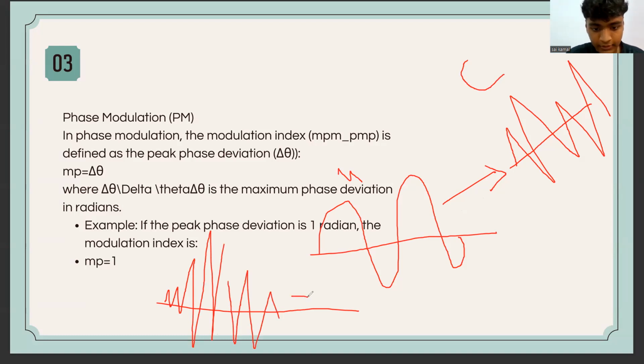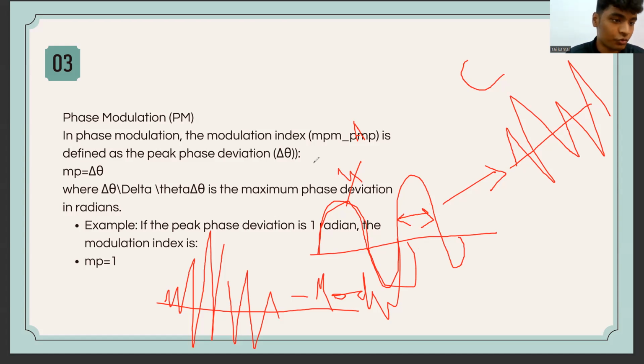This is known as the modulated waveform. This is the amplitude, this one cycle is the frequency, and this is the phase. So this is the basic information that I wanted to share. So that's all.